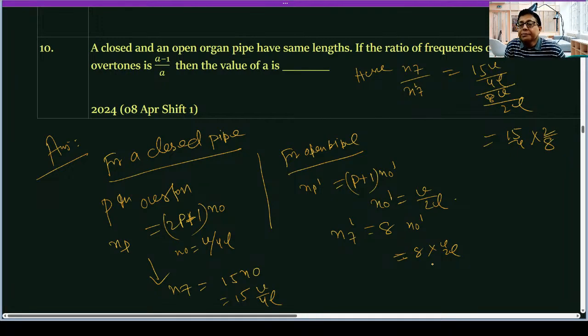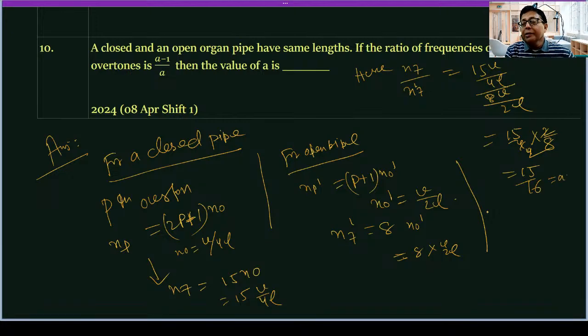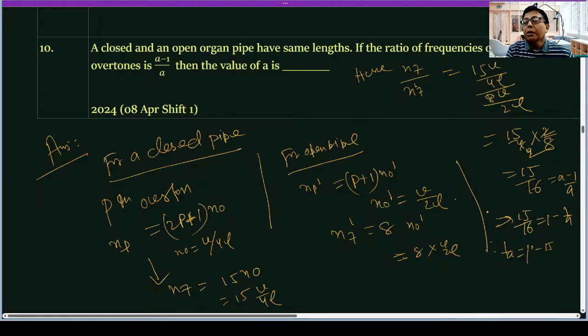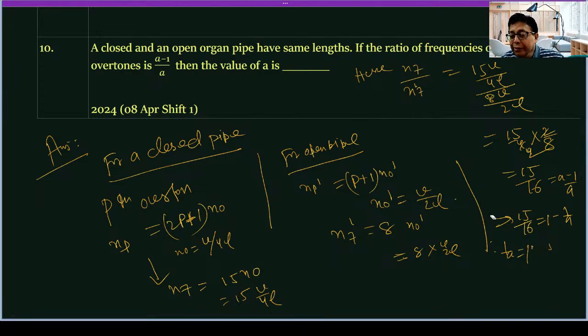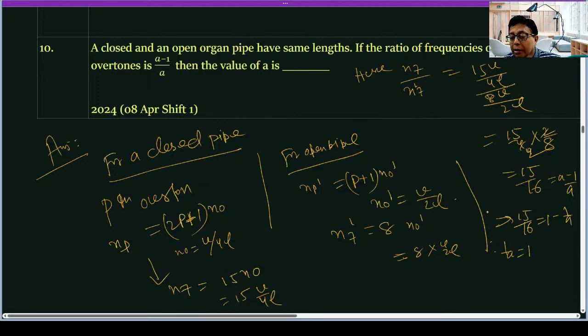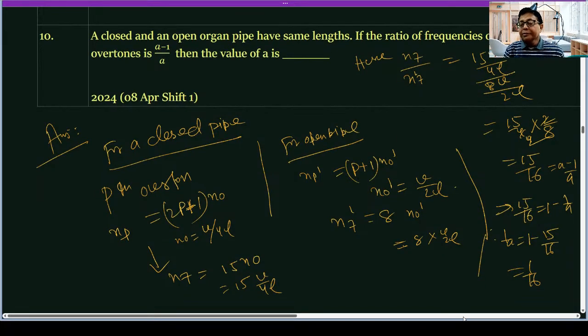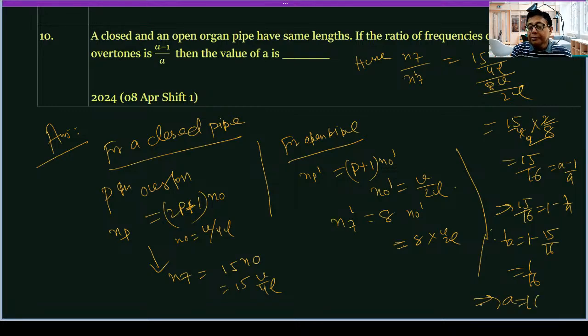So it will be 15 by 16, which has the form A minus 1 by A, so find the value of A. Then 1 by A will be 1 by 16, so A equals 16.